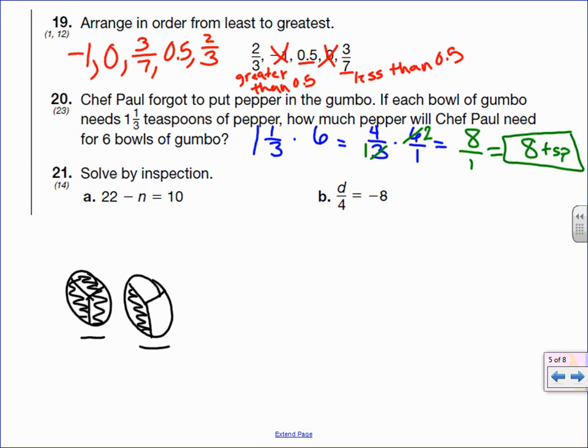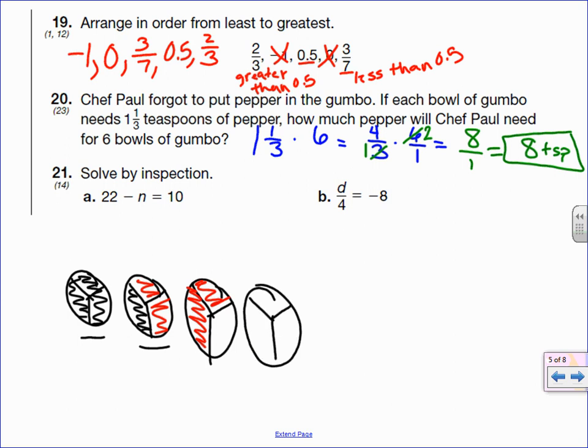There's 1 bowl that's done. And then the next bowl, I have 1, 2, 3. That's 1 whole and 1 extra teaspoon. That's 2 bowls done. And then I have 3/3, which is 1 whole and 1 extra. That's 3 bowls done.